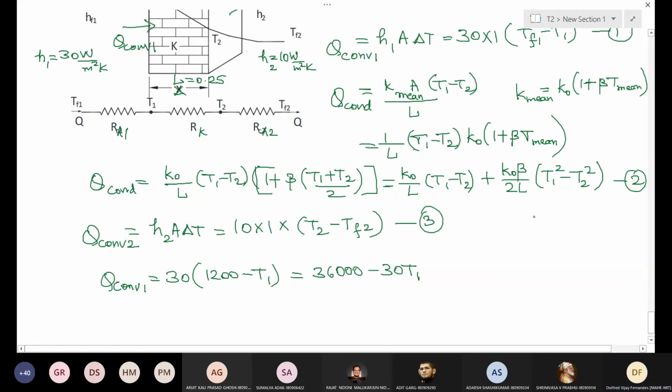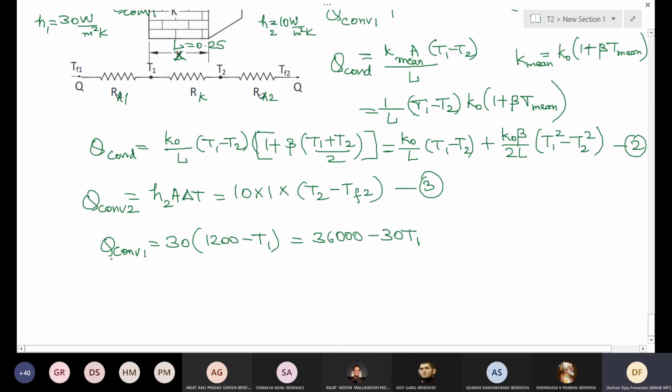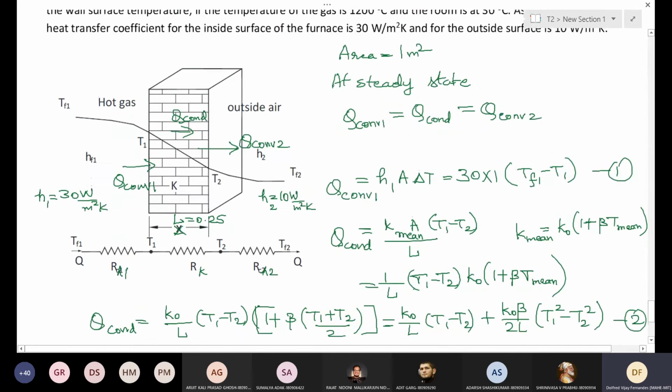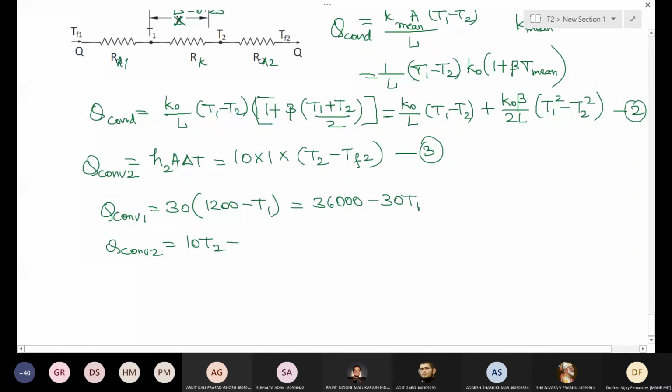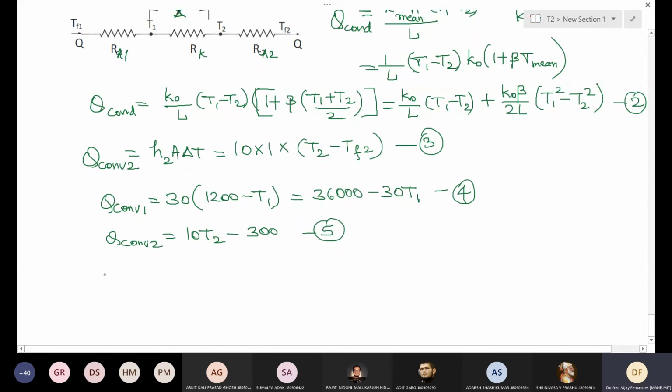Next, this third equation we can also write the same way: equal to 10 times (T2 minus TF2). Temperature on the other side is 30 degrees centigrade. So 10 into 30, that is 300. This is 4, and 5.